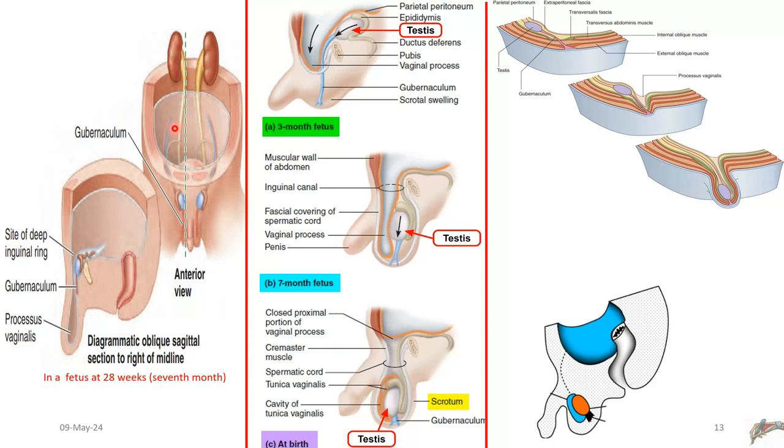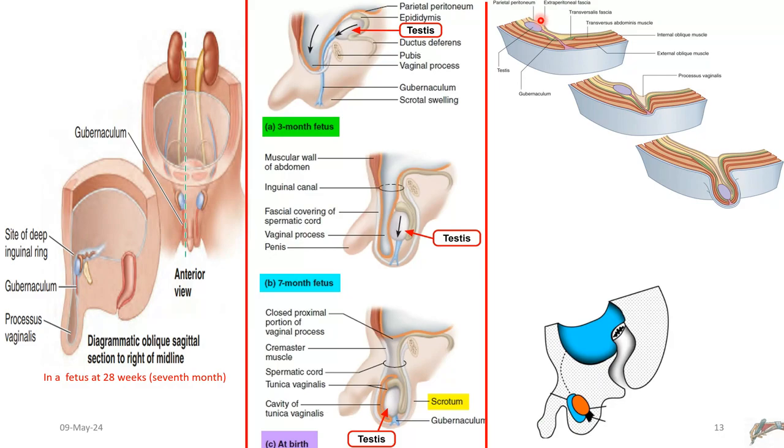As the testicles are being pulled down, remember they are normally situated on the posterior abdominal wall behind the parietal peritoneum, this one here. So as the testicles are being pulled, they are going to come along with this parietal peritoneum that you see here. You can see it in this other image too.